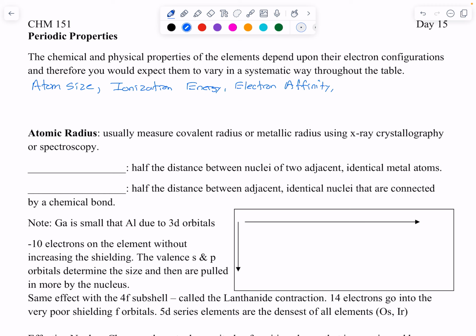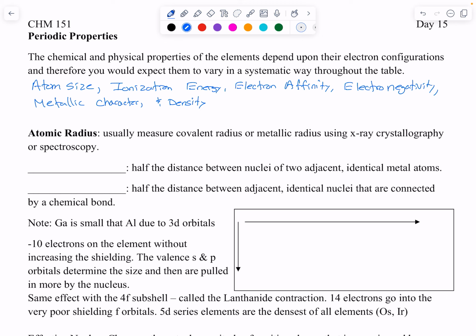Electronegativity. Metallic character. And density. So those are the trends we're going to talk about.